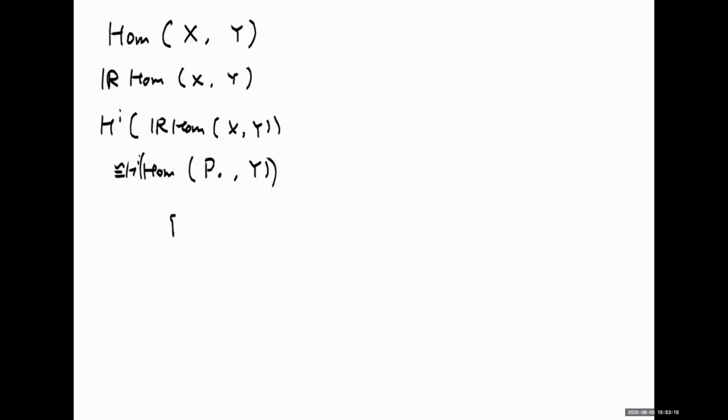So this P is looking like your Kx over there. So this is a projective resolution, but it's a projective resolution which is equivalent to your original object. So this one has to be a weak equivalence.